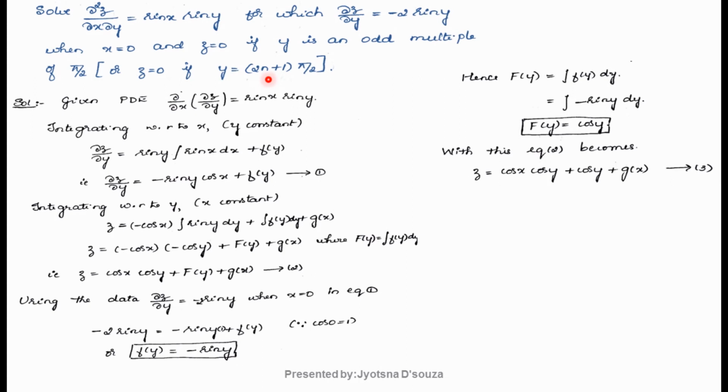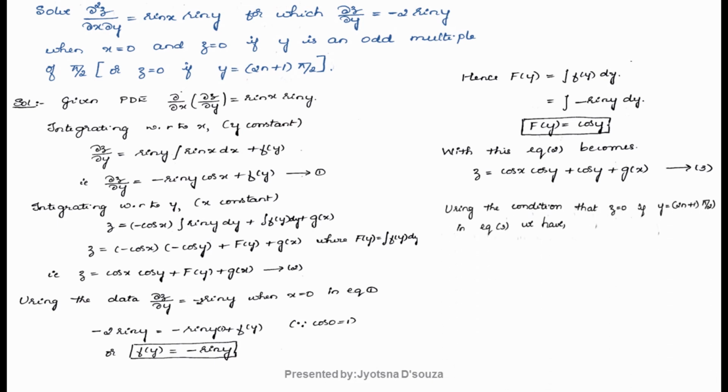It is a multiple of π/2, but the multiplier is an odd number: 1 times π/2, 3 times π/2, 5 times π/2, etc. In general it is written as (2n+1)π/2, where 2n+1 represents the odd number. So wherever y is there, replace it with (2n+1)π/2 and z with 0, substituting in equation 3.